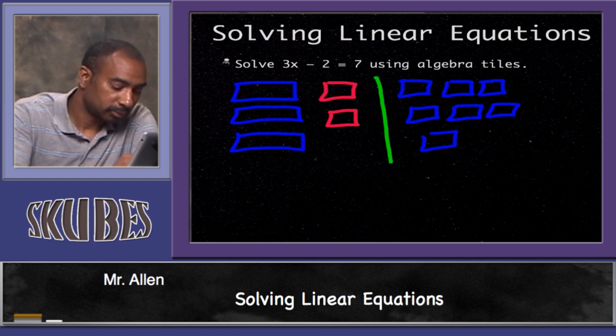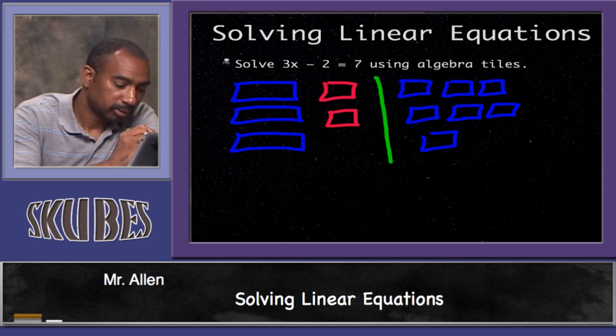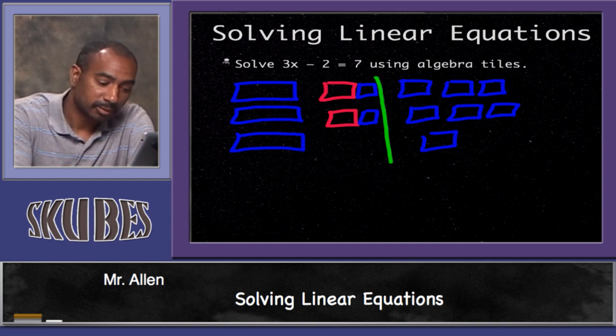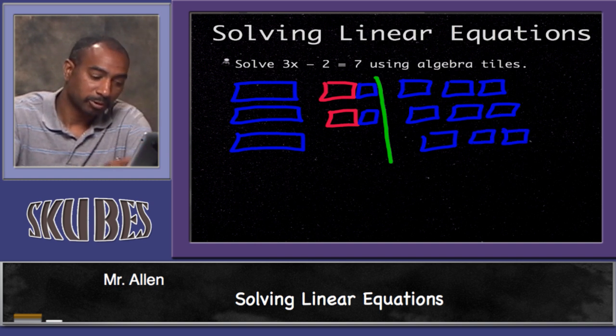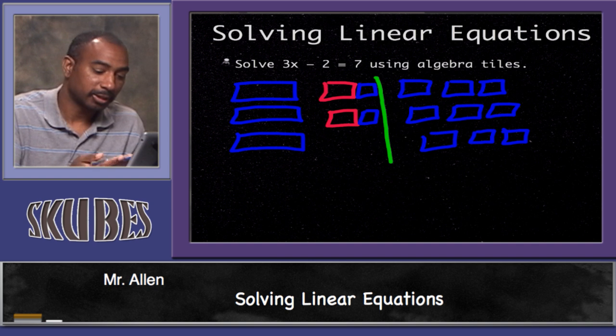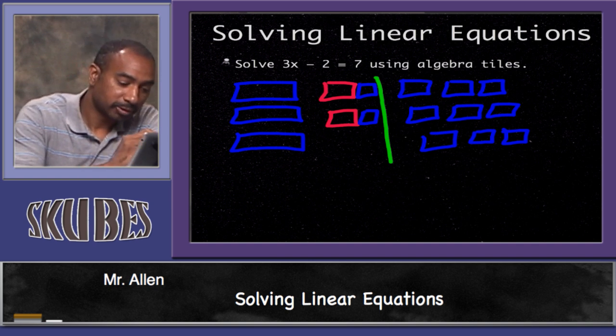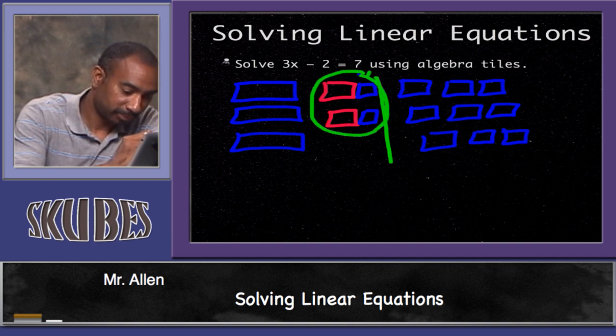But you have to keep it balanced. I added 2 positive 1's over here, so I'm going to have to add 2 more over here, because what you do to one side of the equation, you must do to the other side. These are my 0 pairs. So this goes away.